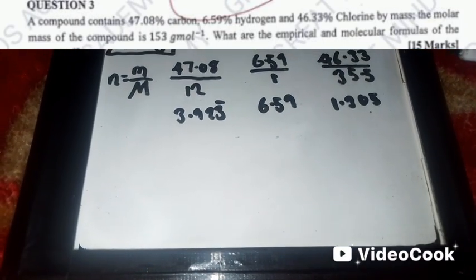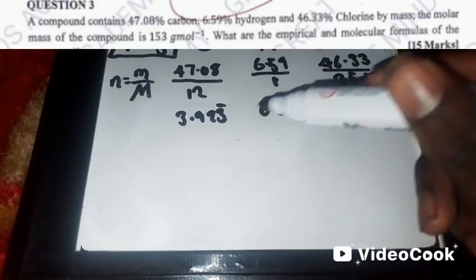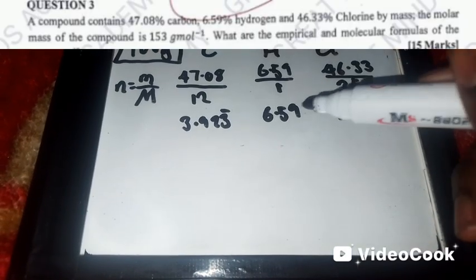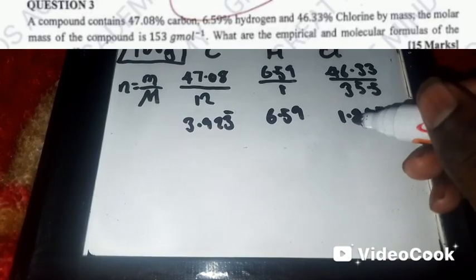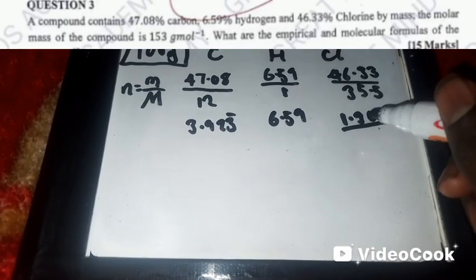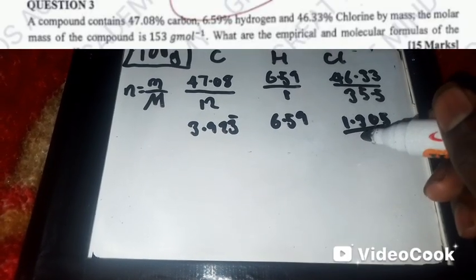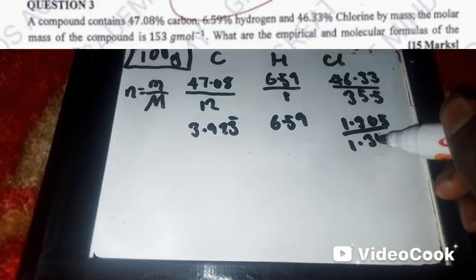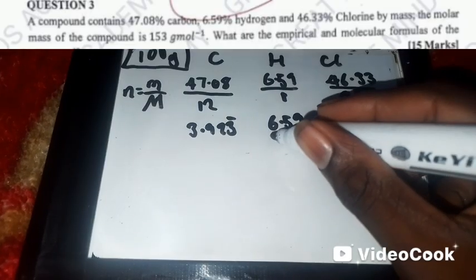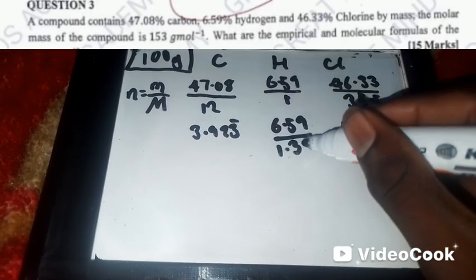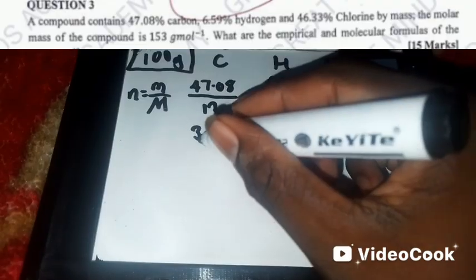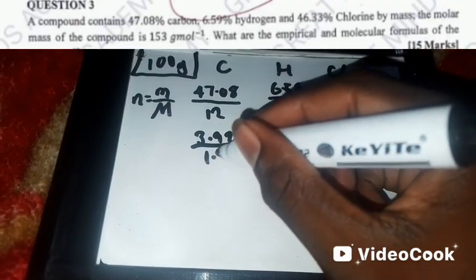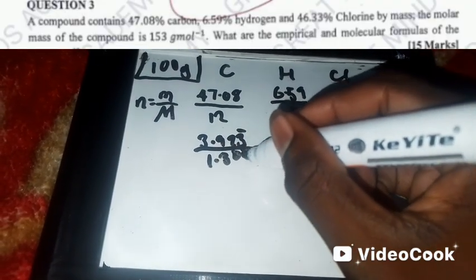So next thing, we need to divide all of these by our smallest answer, and in this case that's 1.305, because we want to leave it in its simplest ratio. That's going to be 1.305. This also divided by 1.305, and this one also divided by 1.305.